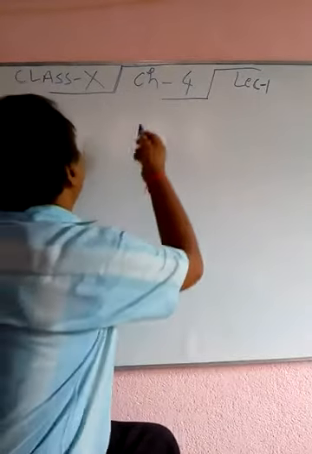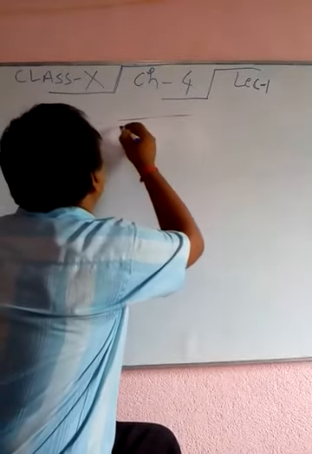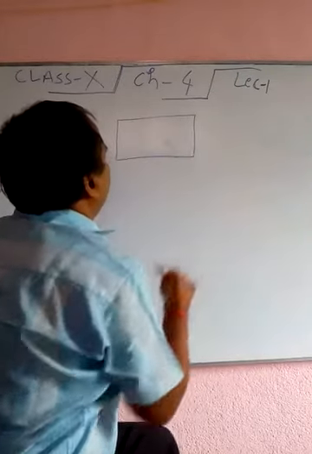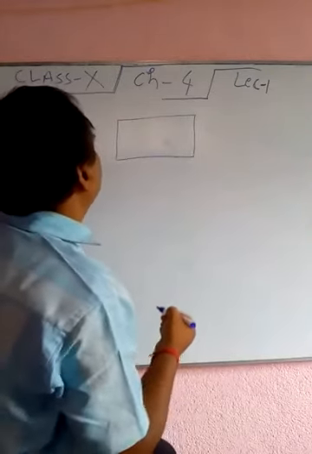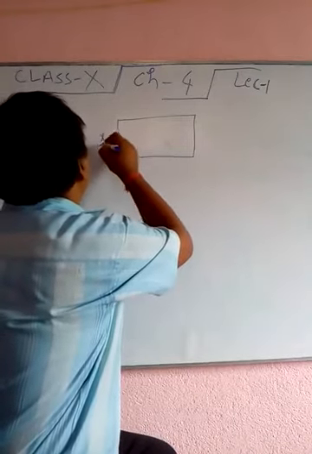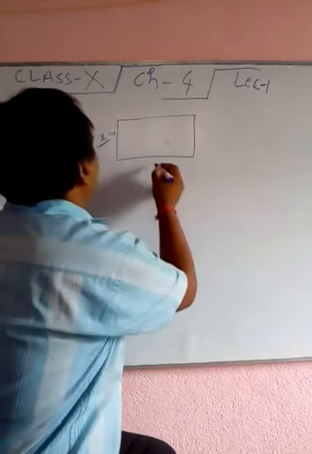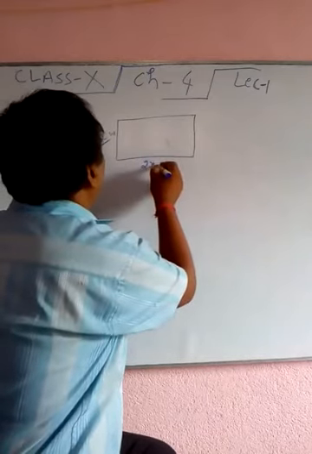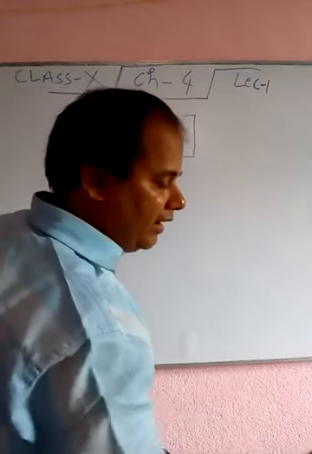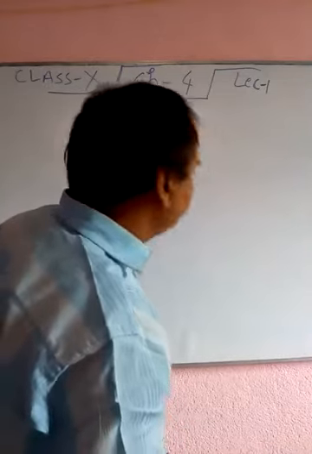Suppose this is the dimension of the hall to build. The breadth is x meter, then the length will be 2x plus 1 meter, and the area is 300 meter square.